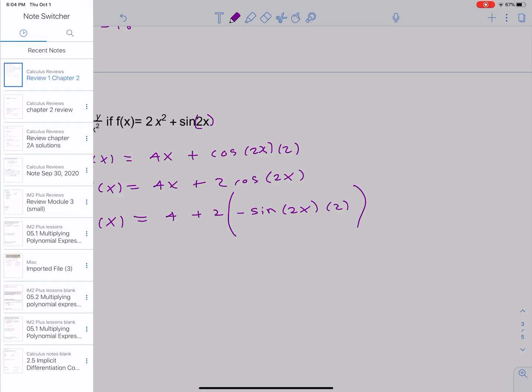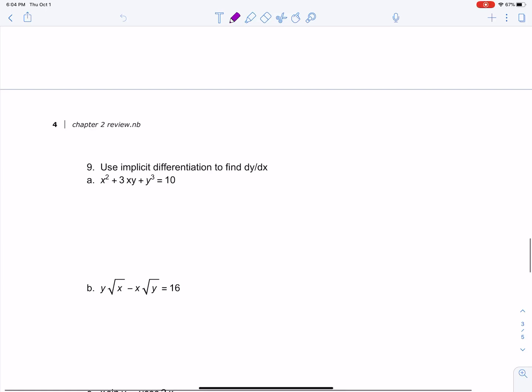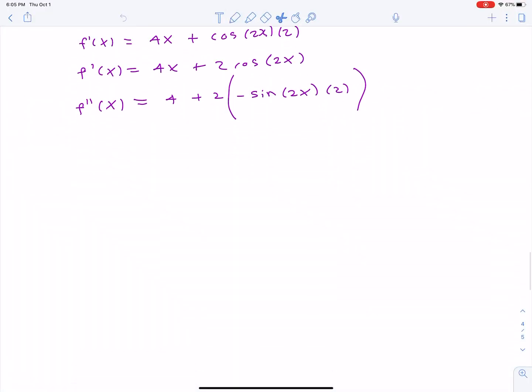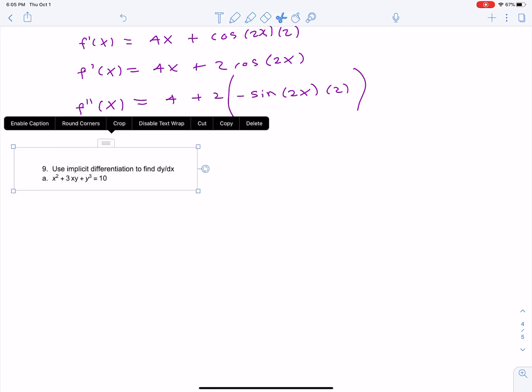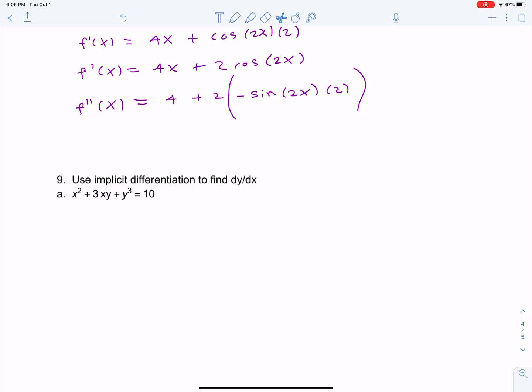Moving right along. What do we got? Ooh, yikes, an implicit differentiation one. Let's see what we can do with that. Okay, so let's see.